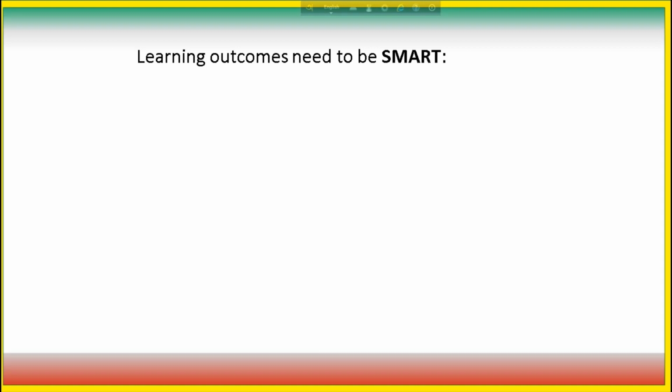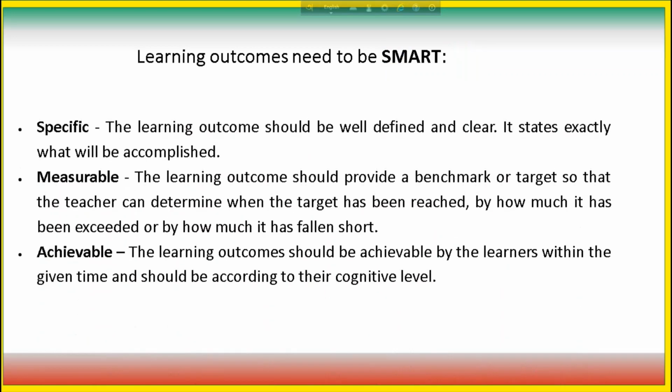What is smart? You have to clarify smart. Okay, smart means S for specific. The learning outcomes should be well defined and clear. It states exactly what will be accomplished. Measurable.